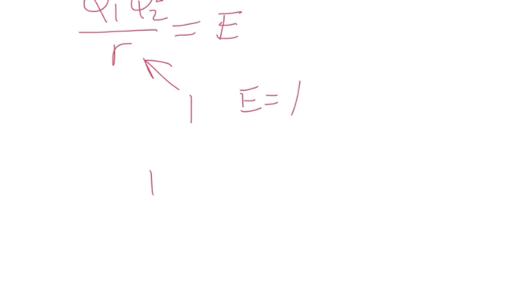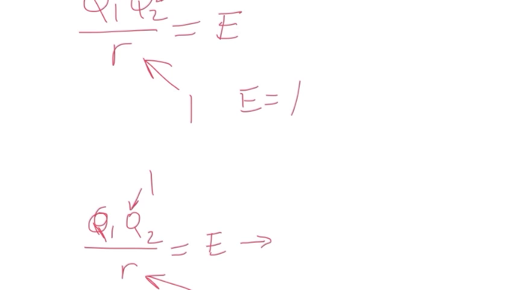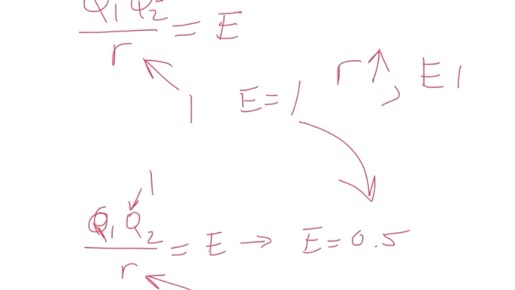If the top stays 1, so Q over R is equal to E, and the bottom goes to 2, E is equal to what? 0.5, right? 1/2. What happened? As R increased, E decreased.